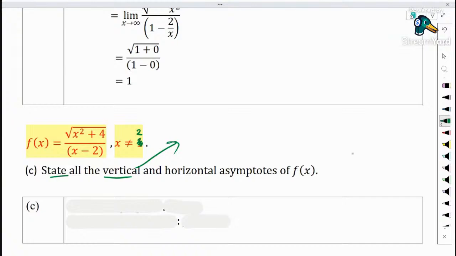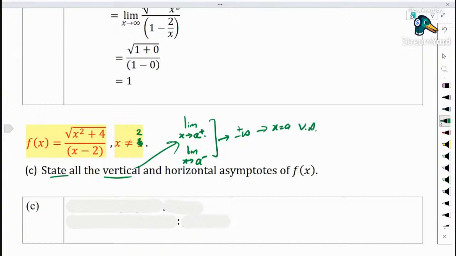Vertical asymptote happens when, let's say, the limit of a certain value, whether from the left hand limit or from the right hand limit, gives us either plus or minus infinity. Either one of them gets plus or minus infinity. Then we say x equals to a is a vertical asymptote.